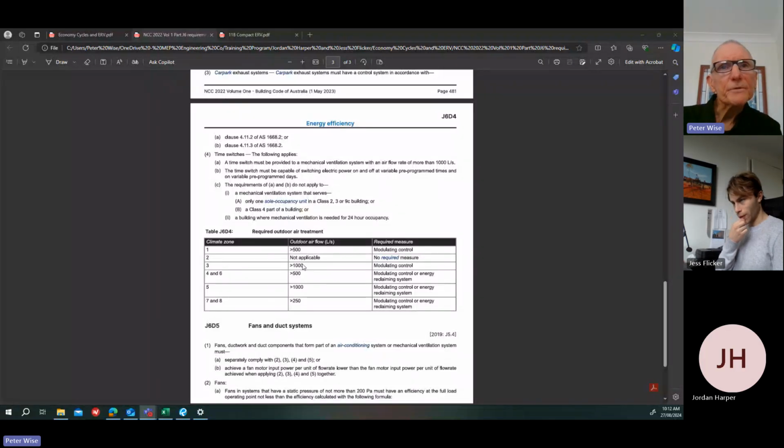So if you go back to, sorry, I'll have to share my screen again. Go back to the NCC, climate zone 2, it's not applicable. That doesn't mean you can't use it. It just means you don't have to. So you don't have to use an ERV. So they've chosen not to use ERV.